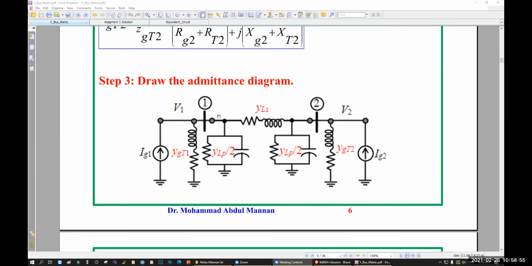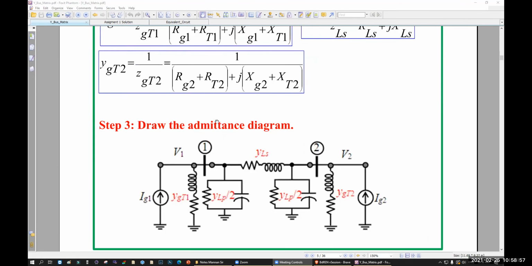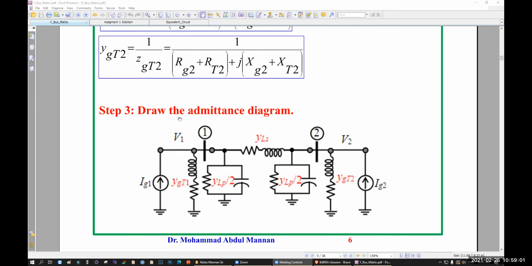Let's go back here, in the admittance diagram. What is the voltage here? That is bus number 1. The voltage here is V1. What is the voltage here? Bus number 2 is V2, right?